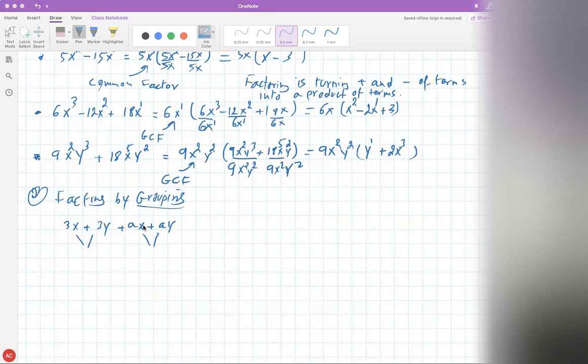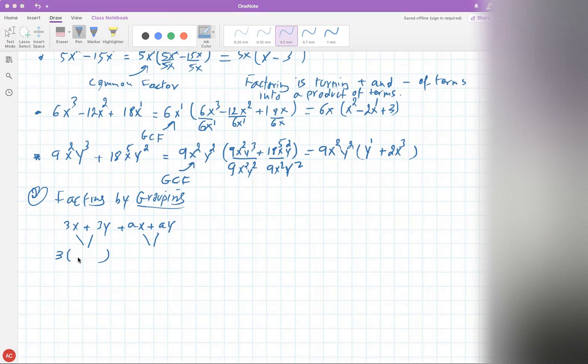So forget about these two now. Let's factor these, the same way we did here. What is the common factor between these two? 3. Right? 3 is common. Okay, and then we open the parentheses, and again we divide both of these by the common factor. So what do we get inside?